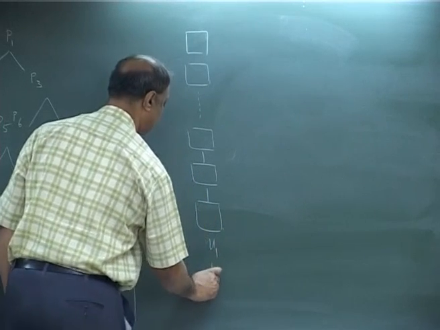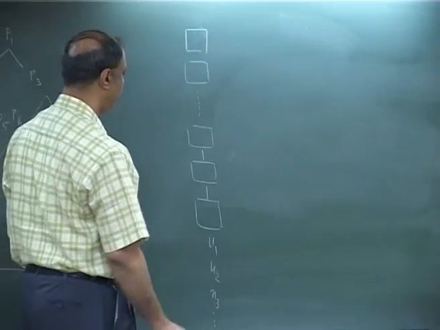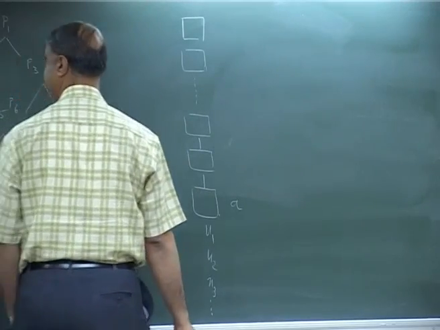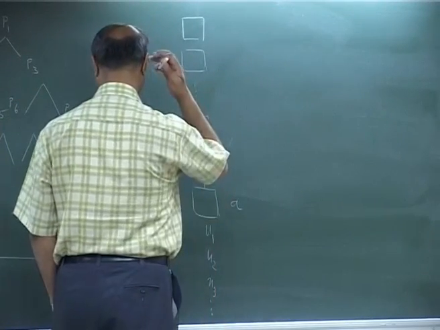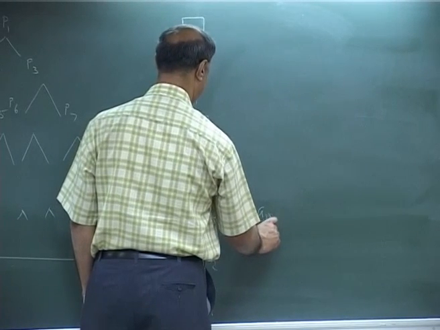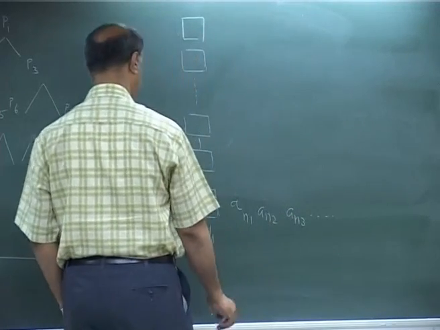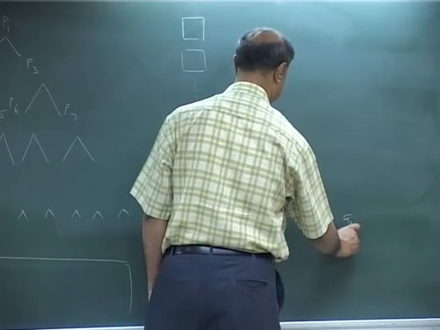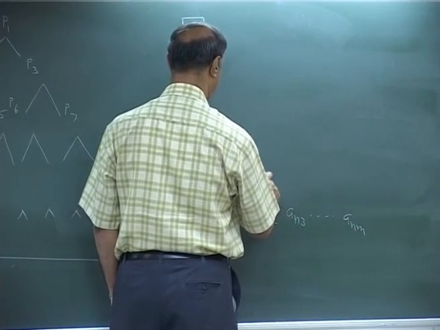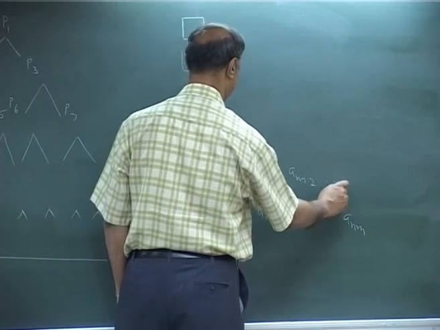You have here U1, U2, U3. You have here, say, AN1, AN2, AN3, ANN, and AN minus 1, 1, AN minus 1, 2.